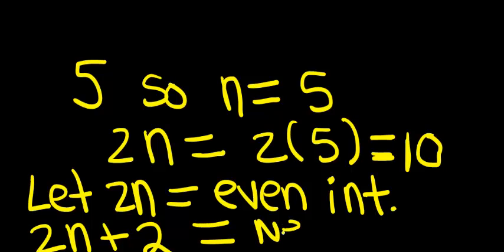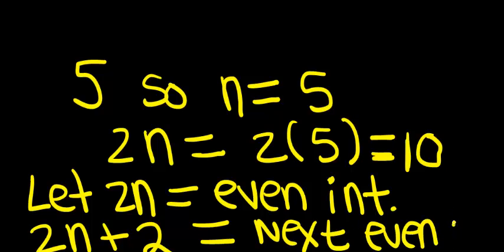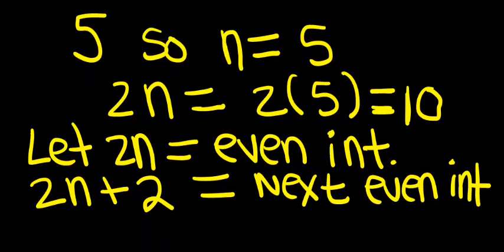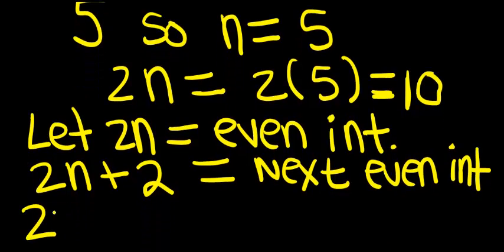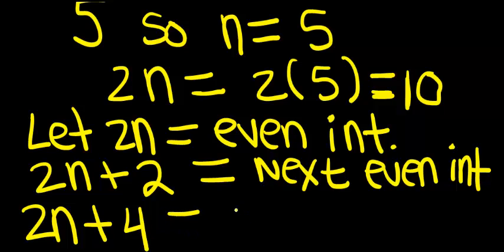This is our next even integer. Well, what's the one afterwards? Because I need 3 consecutive integers. Well, 2n plus 4 must be the next even integer. So this is a way of expressing 3 even integers.